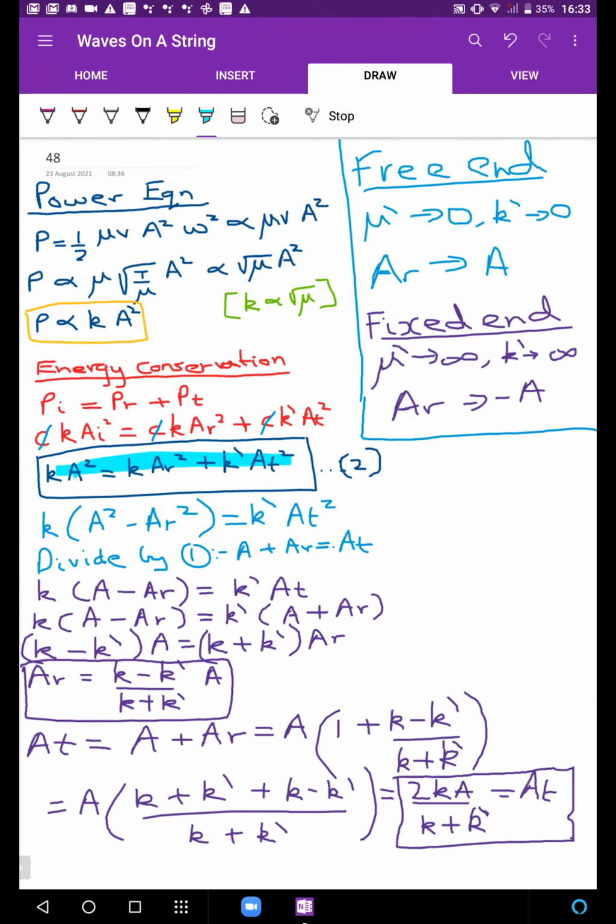So the incident power is k a square, reflected power is k a_r square. Note k same है reflected wave के लिए क्योंकि वो same medium में है. Incident and reflected waves are in the same medium. K is defined for the medium, okay? And transmitted का हो गया k dash a_t square. So k a square is k a_r square plus k dash a_t square.